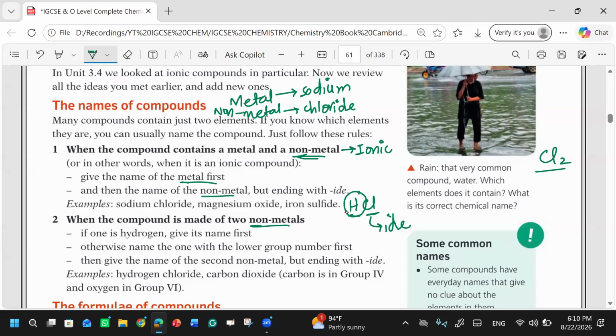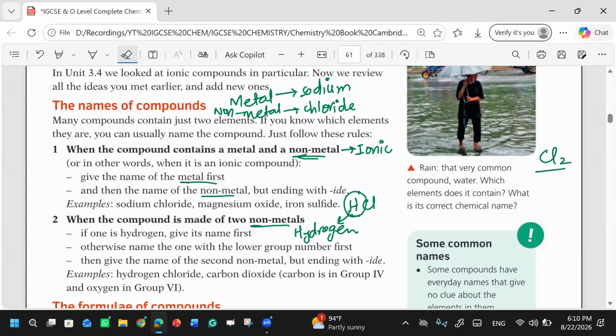Like hydrogen, hydrogen, and the second species is chlorine, so its name will change to chloride, right? Clear?